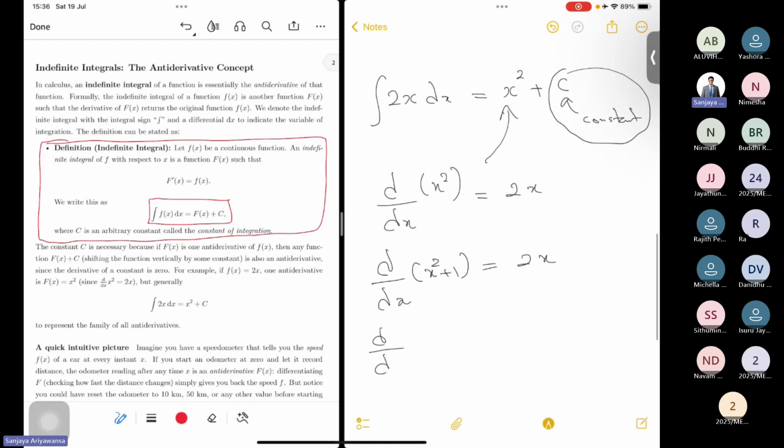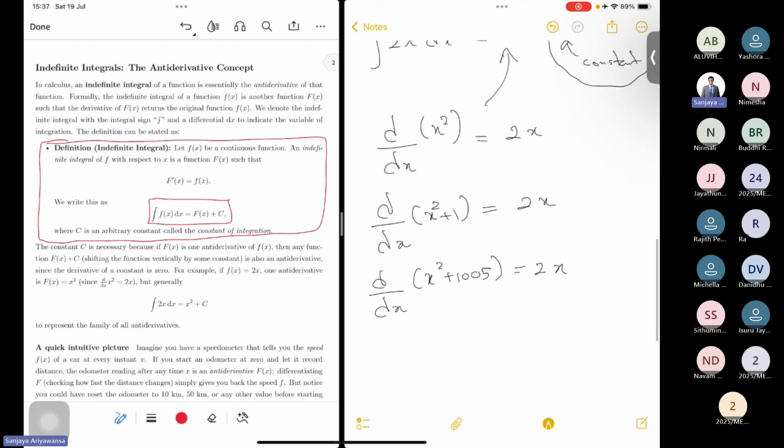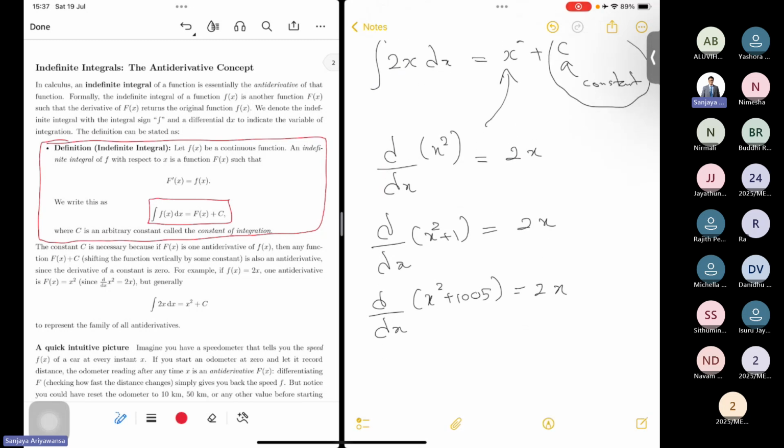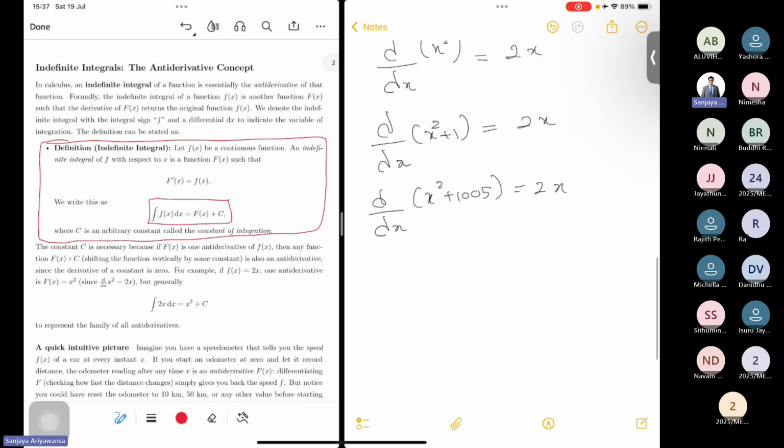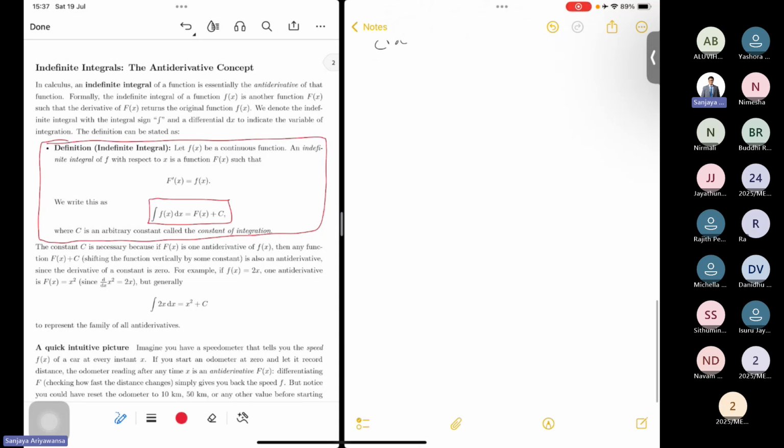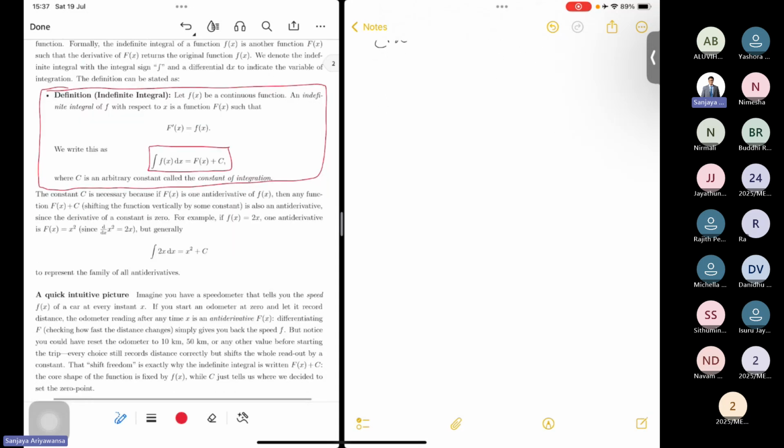If I differentiated x squared plus 1005, I still get 2x, right? So the antiderivative of 2x is not simply x squared, it's x squared plus any other constant value. Hence we put this constant over here. We are trying to figure out antiderivative functions through integration. It's a different type of operator.